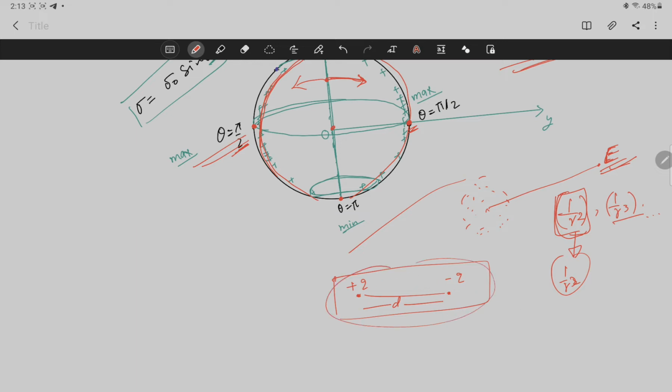In this case, when you do the Taylor expansion of the electric field at very far distance, you will get the 1 over r cube dependence. You will not get 1 over r square dependence at very far distance.